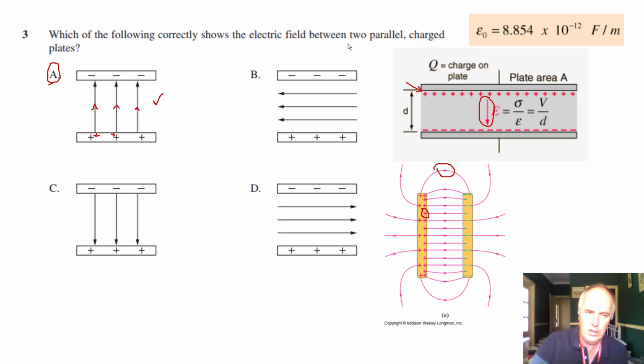I wonder if I can actually scrub this out. No, come on. Oh, that's all I have to do, yeah. No, it won't let me. I would scrub the arrows out. So technically, field lines should be there.